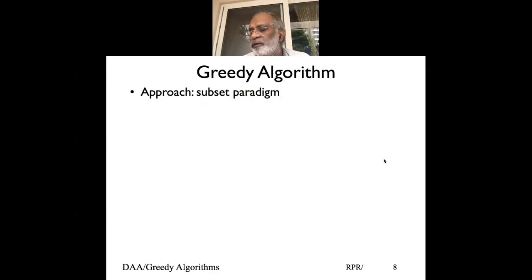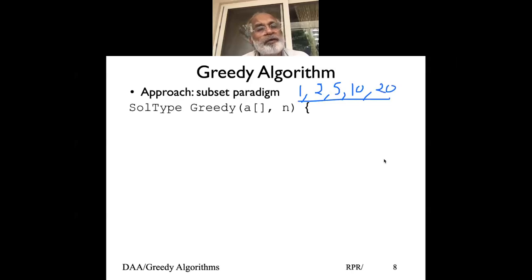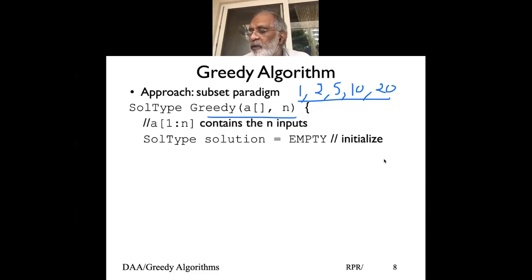Given a set of inputs, like in coin change, my input was the 1 rupee coin, 2 rupee coin, 5 rupee coin, 10 rupee coin, and 20 rupee coin, the 5 inputs. We follow the subset paradigm and take one thing at a time. The greedy approach, given this set as an array of size n, has n inputs. Initially my solution is empty.